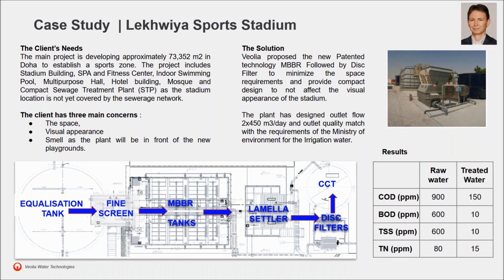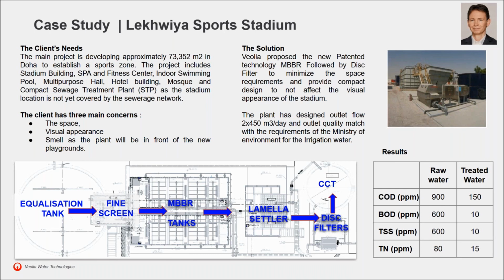If we look at the process, after pumping station and coarse screen, we have an equalization tank, followed by fine screen, then MBBR reactors, followed by lamella settler, disc filter for tertiary filtration, and a chlorine contact tank for disinfection.